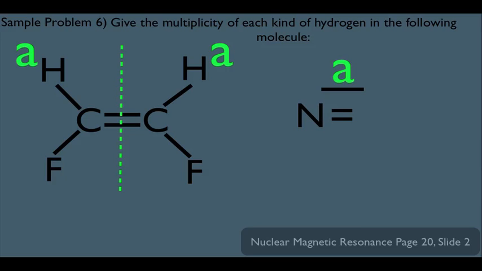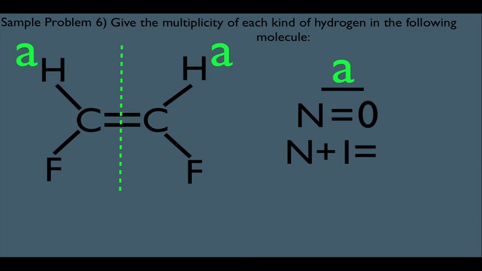Well, remember, no matter which A hydrogen you investigate, he doesn't have any neighboring hydrogens that are different from him, so his N value equals 0. Or again, remember, you can't be split by your equivalent, so that means that in the N+1 rule here, we're going to get a value of 1, which means we should expect to see a singlet. So here's another example of not being split by your equivalent.